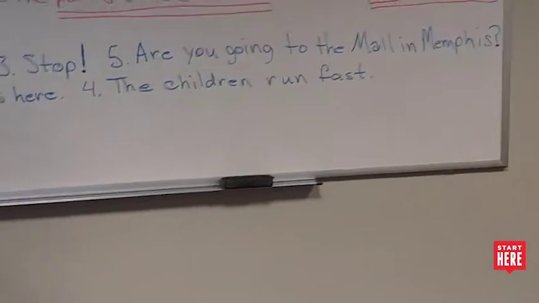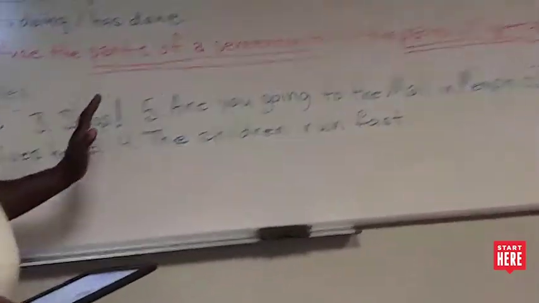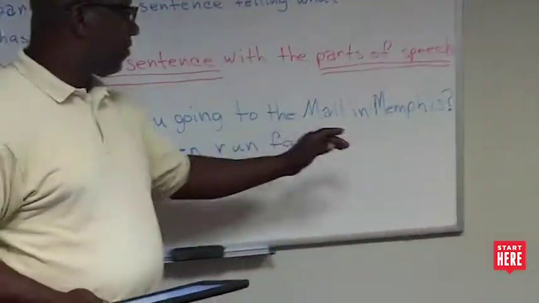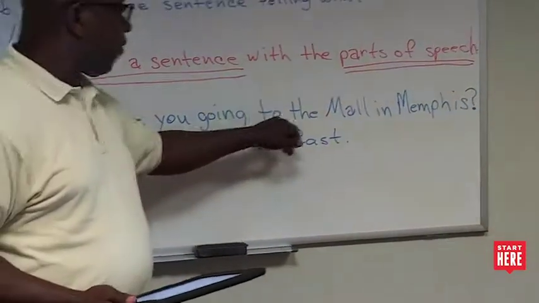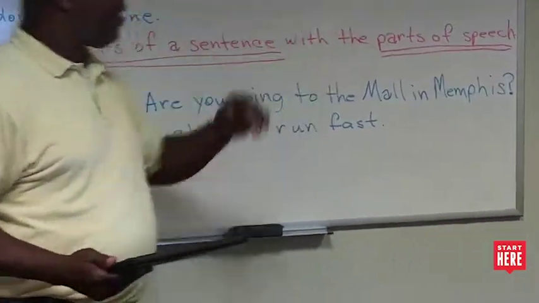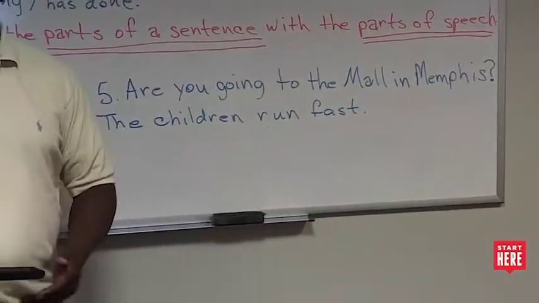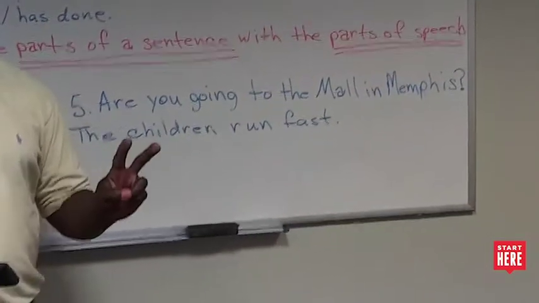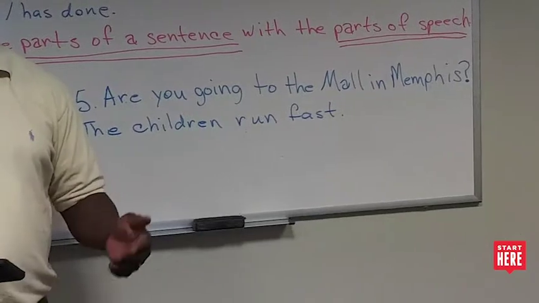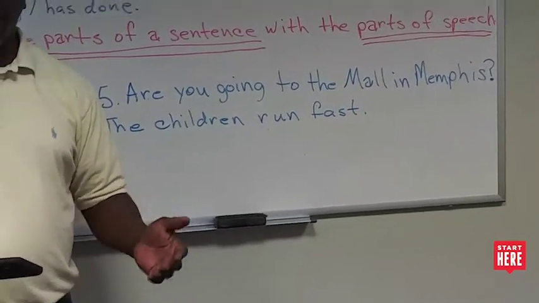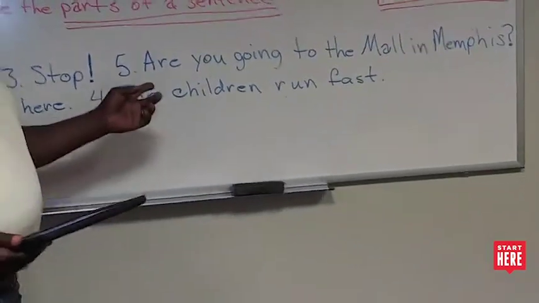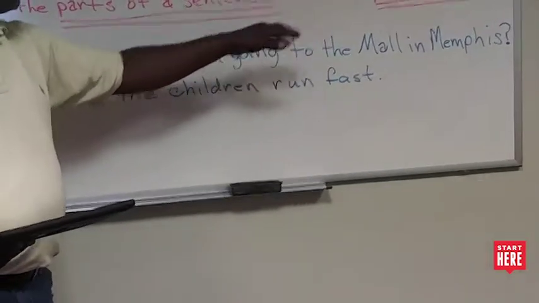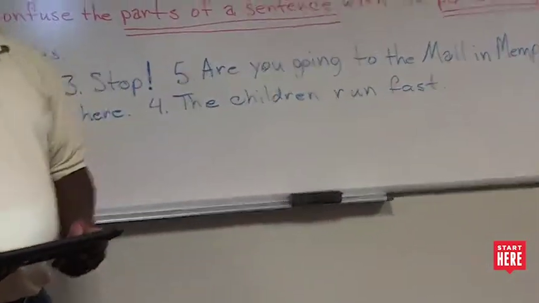Now, let's look at 5. This is a group of words. 1, 2, 3, 4, 5, 6, 7, 8. This sentence has 8 words in it. Remember, there's only 2 parts of the sentence though. What are they? That's right. Are you going to the mall in Memphis?